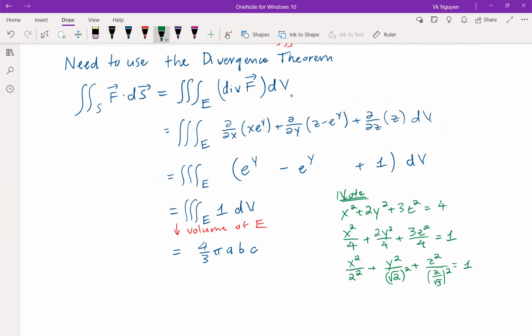So we have the a, b, c here: 4/3 pi, and I'll put a parenthesis right here so you can see a, b, c a little clearer: 2, root 2, and 2 over root 3.